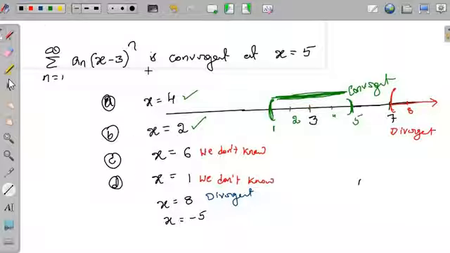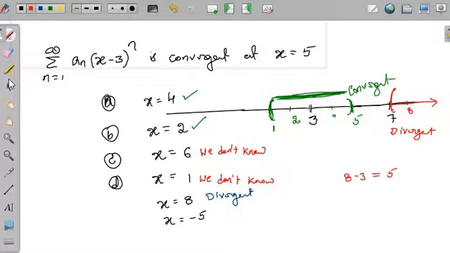So now the distance between 3 and negative 5 is what I have to see. Initially, the distance between 3 and 8 is 8 minus 3, which is actually 5.